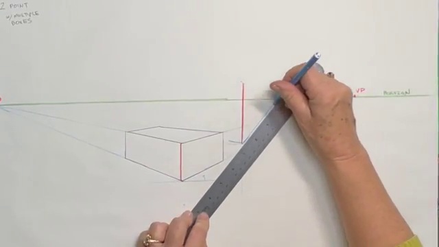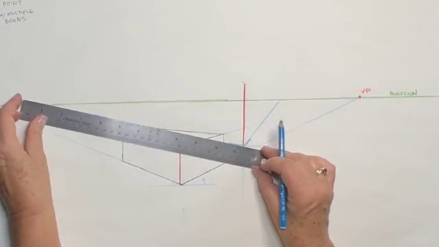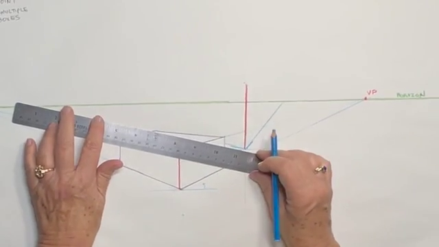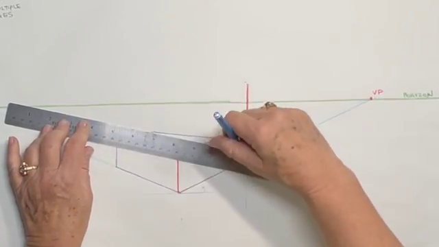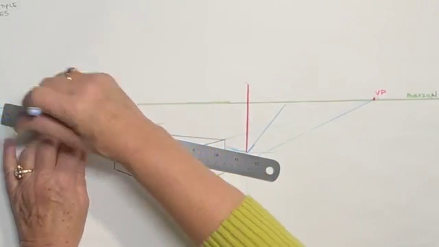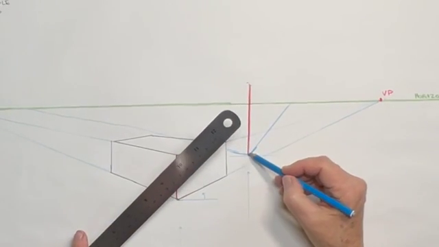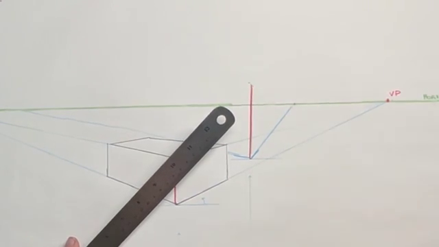So we can see here that because this box is sitting at a slightly different orientation in space, it will, I gotta sharpen my pencil, it will head off through here to a different vanishing point. So again, any line that's parallel to this line in space needs to go to this vanishing point.